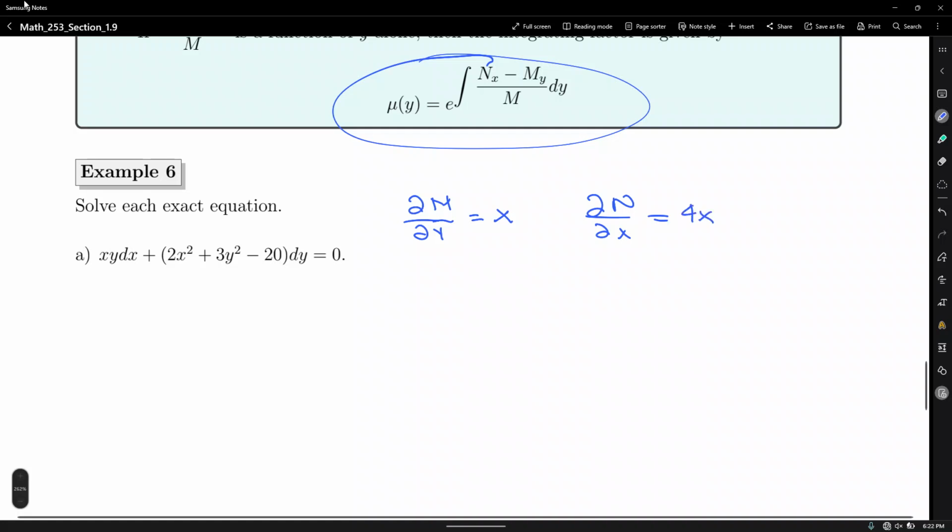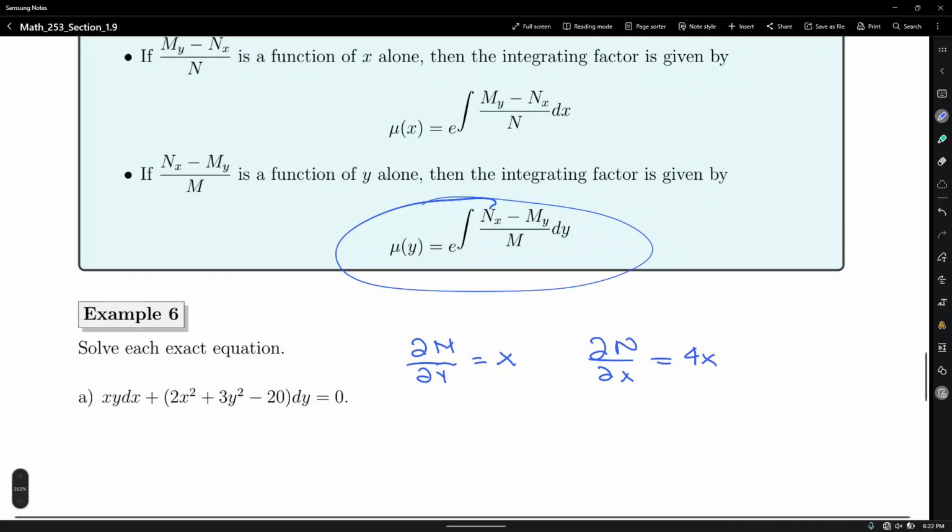This is not an exact equation. So without the formulas I showed you, we are not going to be able to solve this equation, at least not as an exact equation. And I don't think even the homogeneous method would work, because we have a constant here and quadratics there. So we should definitely use this integrating factor.